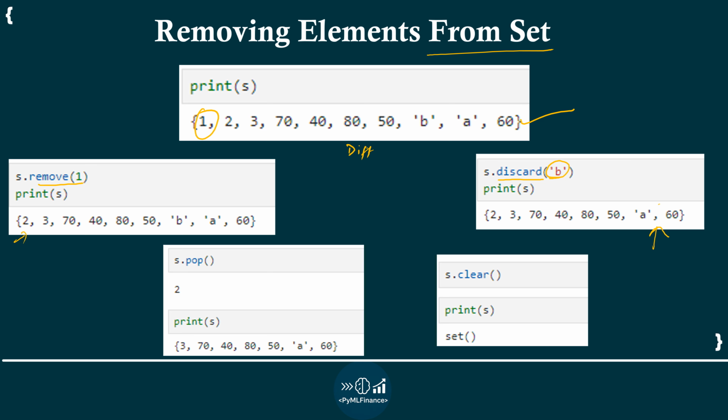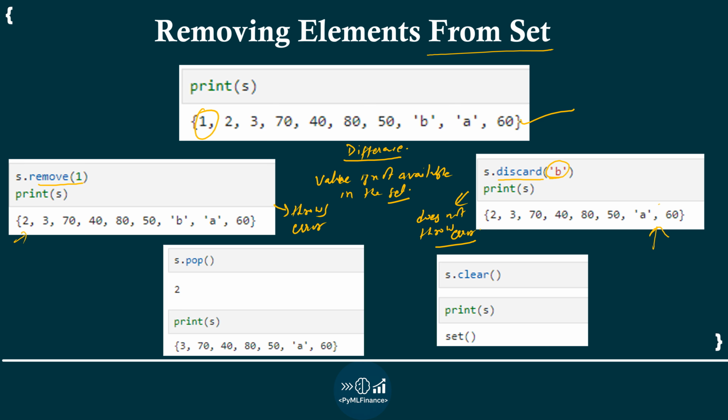Now there is a big difference that you need to note here. When the value you want to remove is not available in the set, in this case if you use the remove method, this throws an error, but discard does not throw any error.